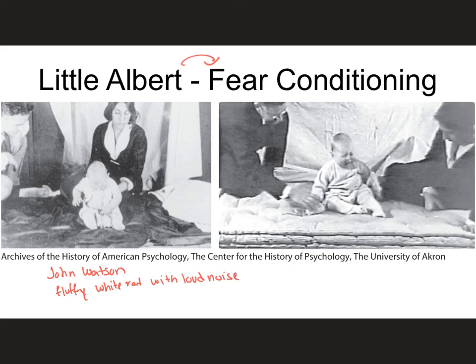And he did this repeatedly until the baby was then afraid of anything white and fluffy. And so what happened eventually was that the baby learned to generalize or apply that this white furry fuzzy thing always means a very, very loud noise.